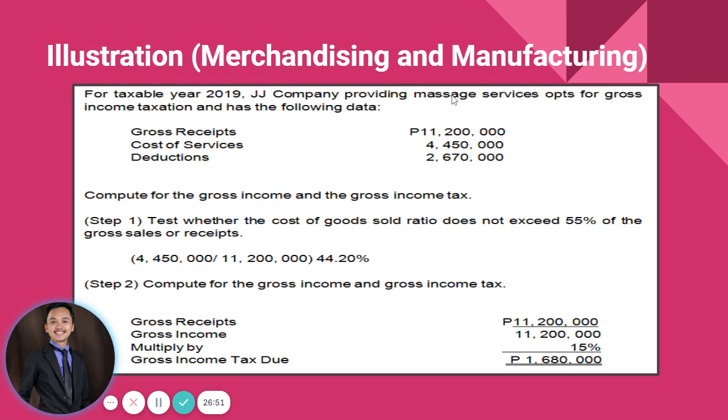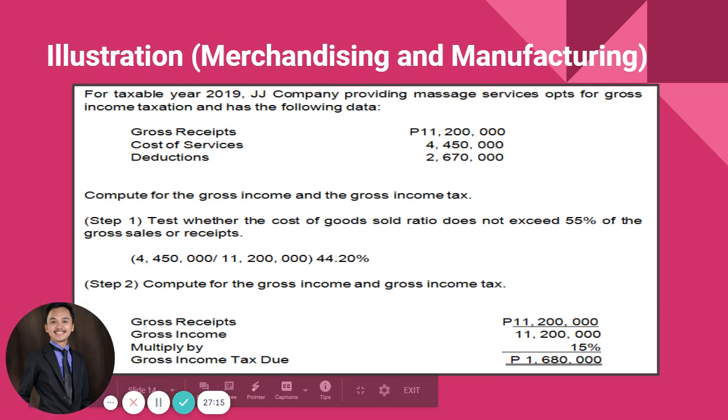As what I've said earlier, we will have a separate way of computing our gross income because for gross income under service industry, guys, your cost of service will not be deducted from your gross receipts to compute for your gross income.